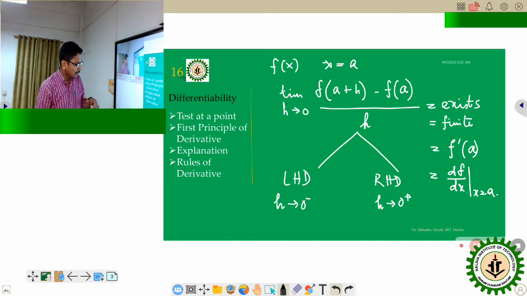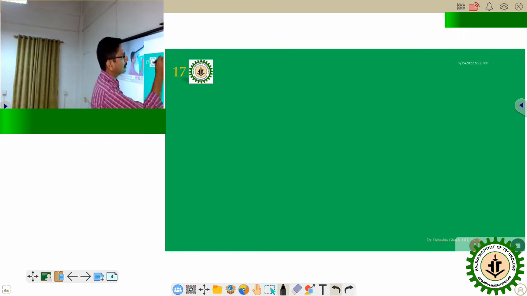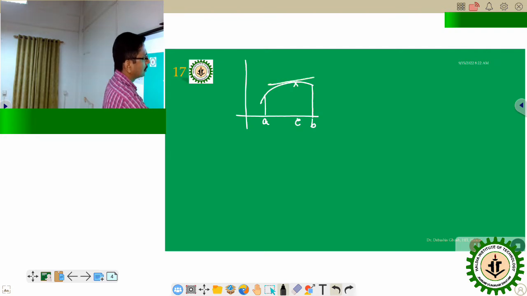So if I go for the geometrical representation of any function, to see whether the differentiation of that function exists or not, if you have a graph like this, then you can see between the interval a and b, if you consider any point c here, at this point we can draw the tangent to this graph.